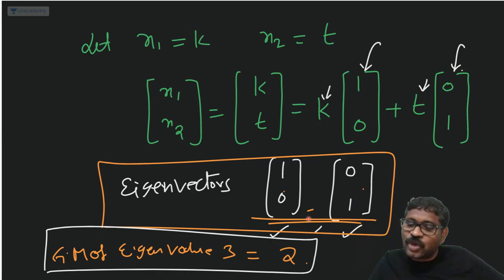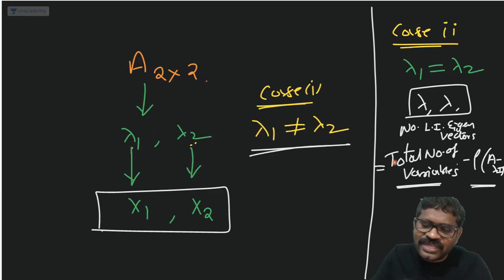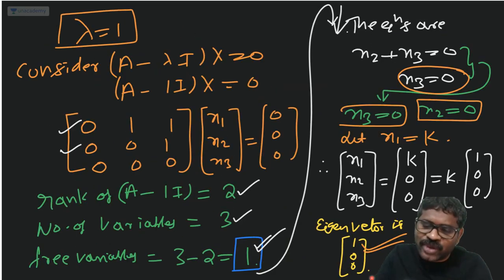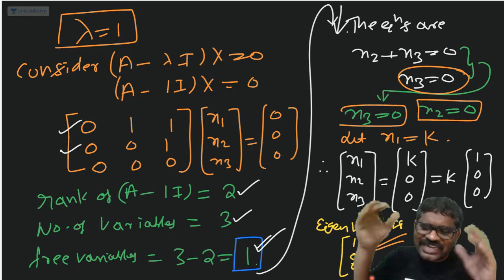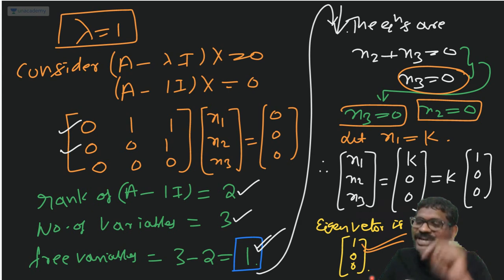Understood? So if your matrix is n cross n and you have n independent eigenvectors, then the set is independent. In the case of 3 repeated eigenvalues, if 3 independent eigenvectors come, then the set is independent. Suppose you get one and only one independent, and the remaining are dependent. Is the set dependent or independent? The set is dependent. That is the point here.